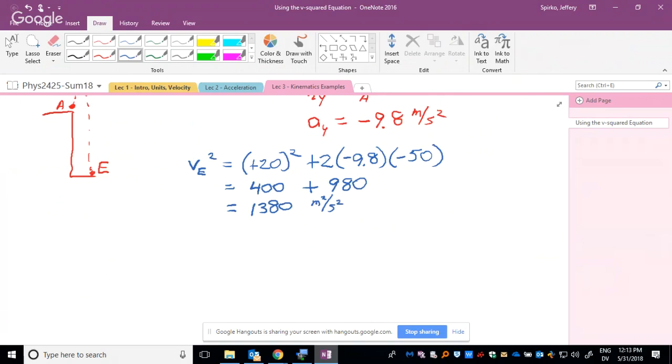So we end up with that, which means that our V at point E is equal to the square root of that, which I don't happen to have written down. 37.1.